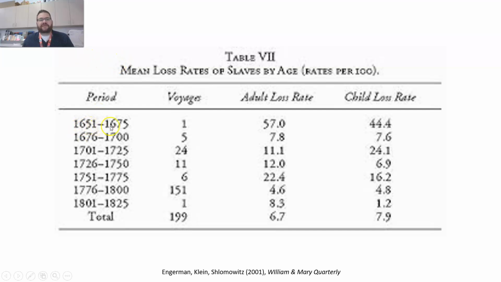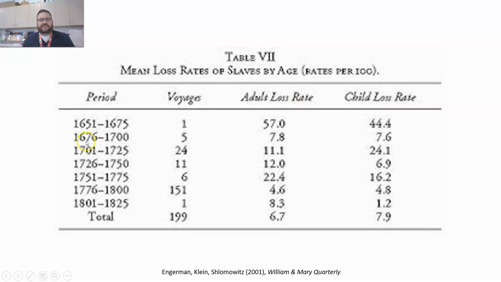So from 1651 to 1675, historians have been able to find one voyage that had data showing that 57 out of 100 adults died during the sailing of this slave ship from Africa to the Americas. 44 out of 100 children died.